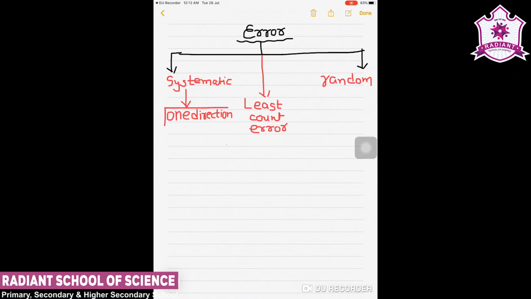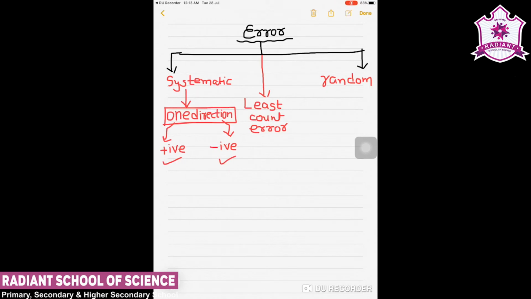Now one direction means what? That we can predict it. It can be either positive or negative, but it is fixed that if it is positive then it is positive only, and if it is negative it is negative only.